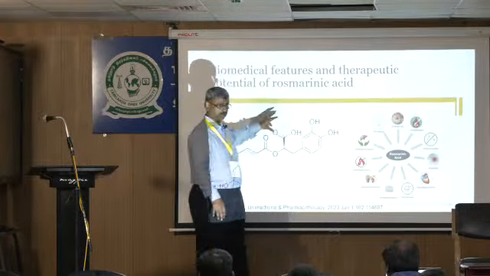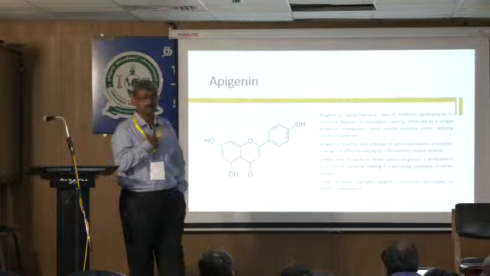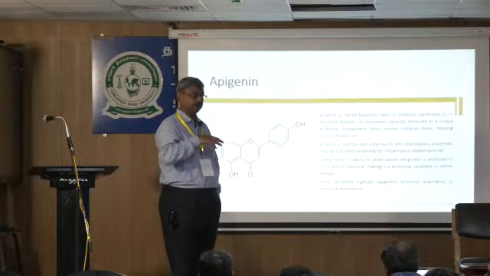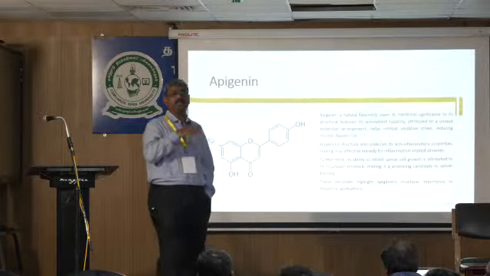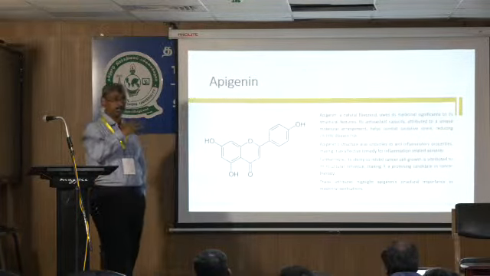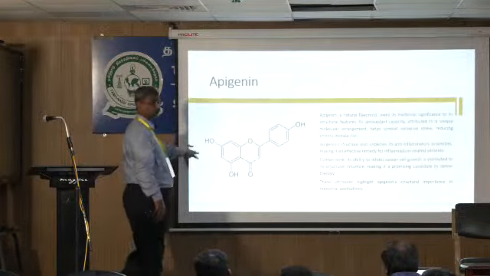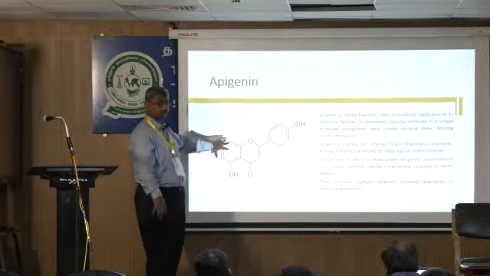This is apigenin, which is a flavonoid. So I take it as an example for flavonoid. I will not be discussing flavonoids in all these plants. Sometimes when a flavonoid is present in other plants, you should understand it is going to be similar to this one.